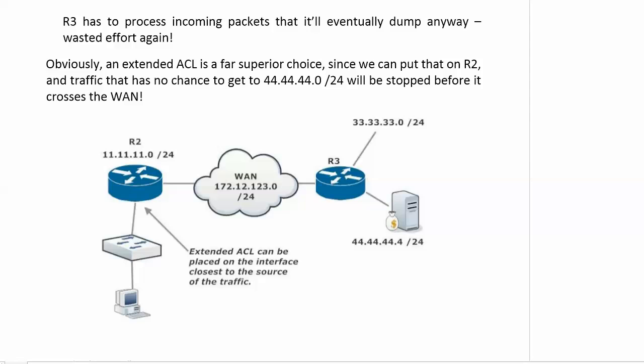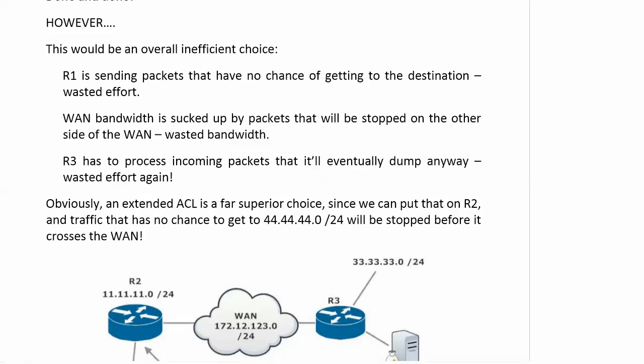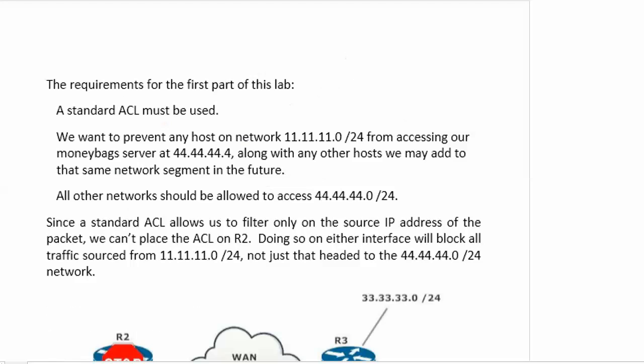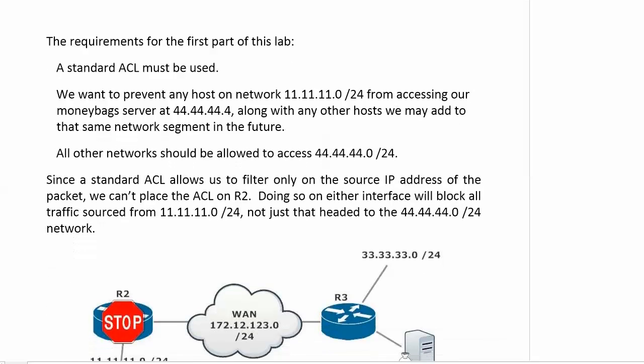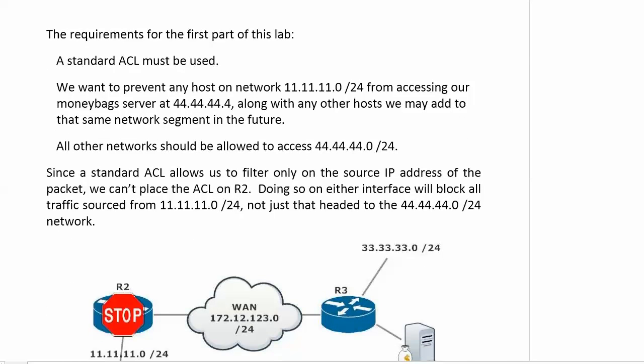One more point I want to make about the requirements that were listed. And this is the kind of thing, again, it's not tricky. It's right in front of us, but we've got to watch it. We notice that it says prevent any host on the network 11 from accessing our money bag server at .4 along with any other hosts we may add in the future.